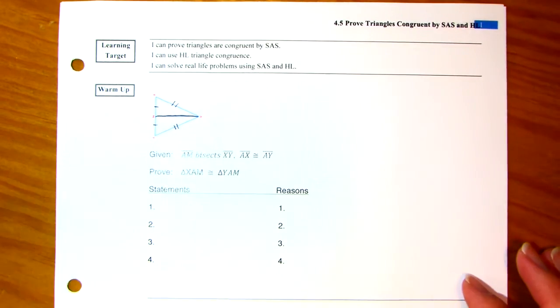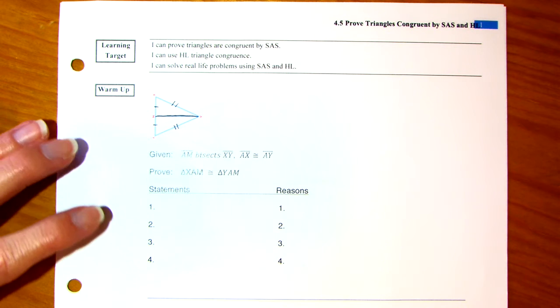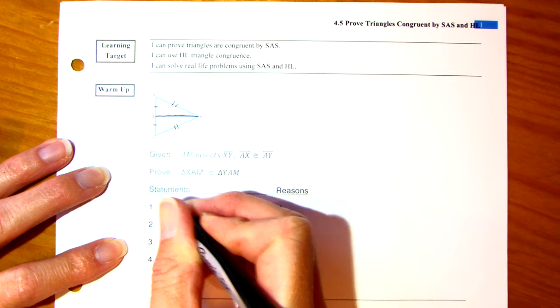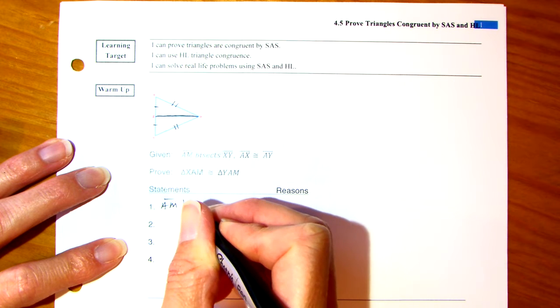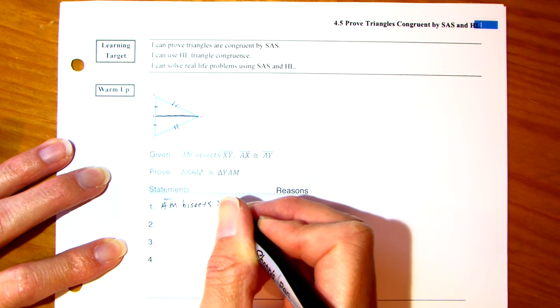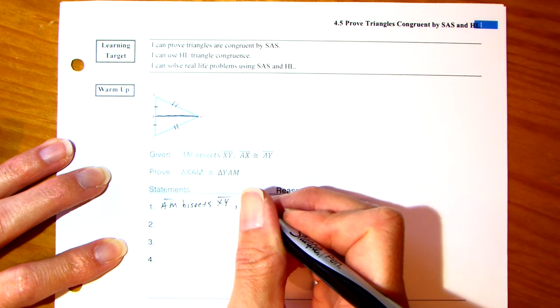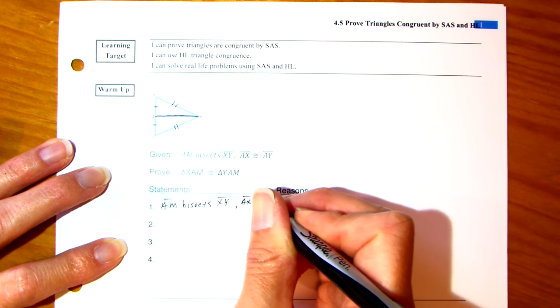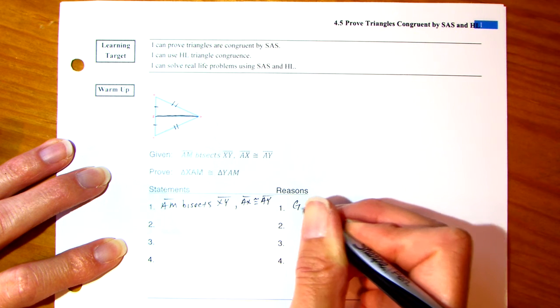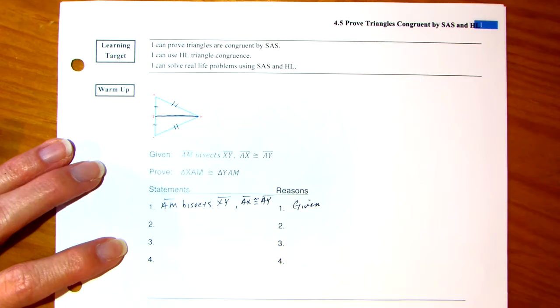All right, here we go. First of all, let's put down our given info. AM bisects XY, and AX is congruent to AY. That's given. So far, so good.